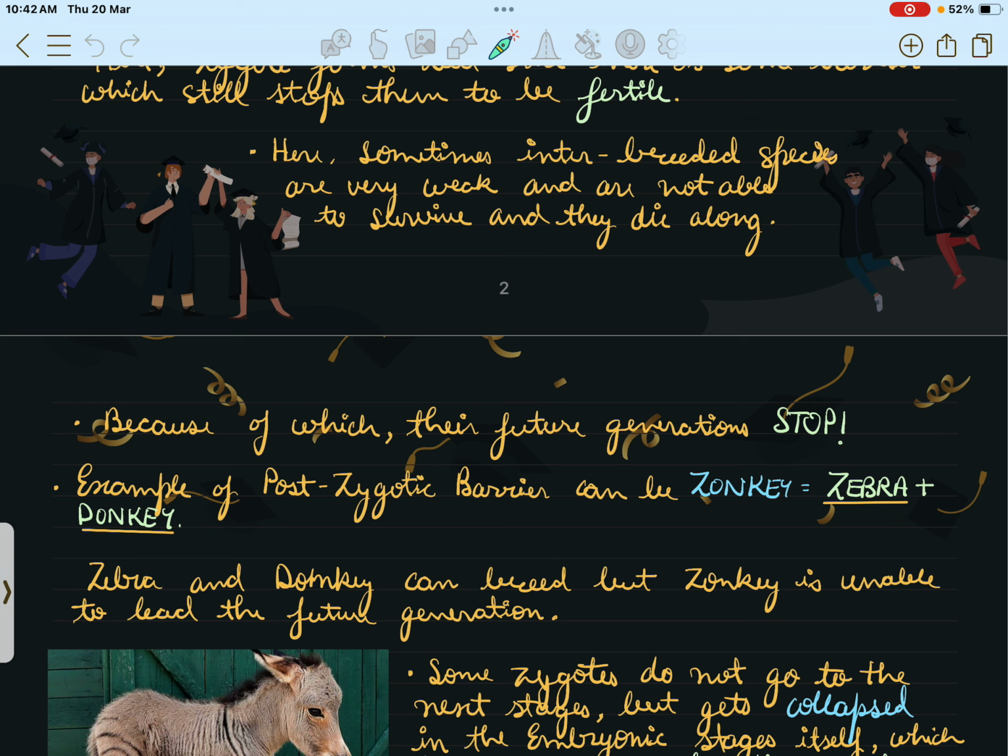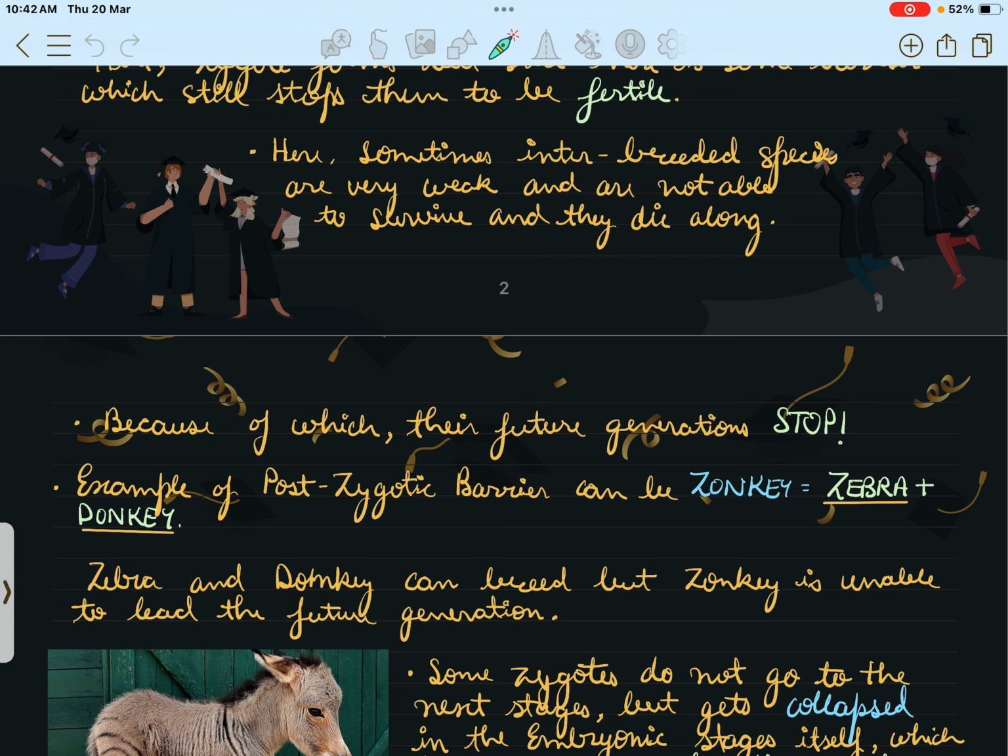Okay, the zonkey has been produced, but it doesn't have the chromosomal number inside itself to produce the next generation of zonkey, because of which there is some kind of barrier which stops the zonkey at that generation itself.